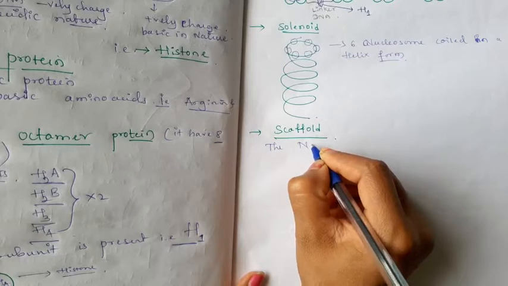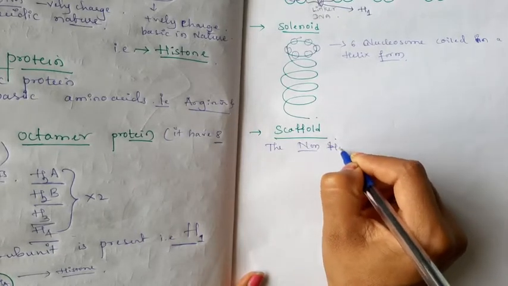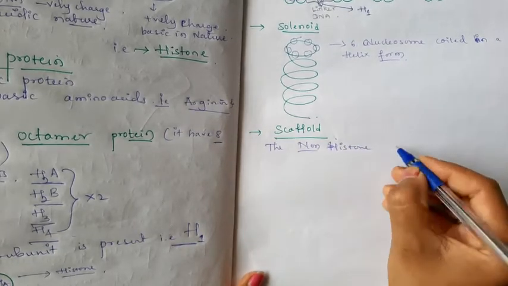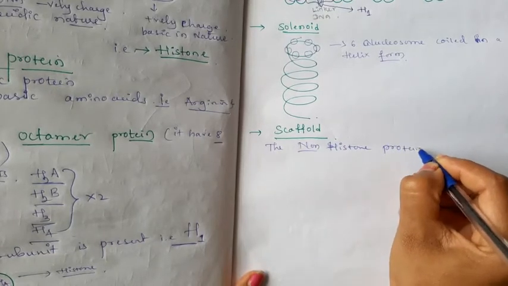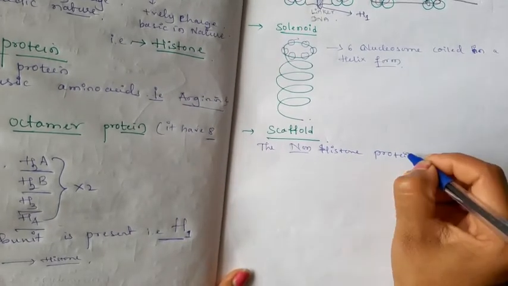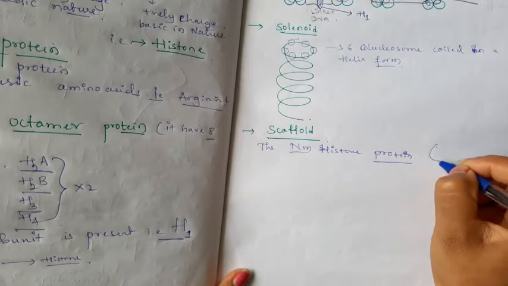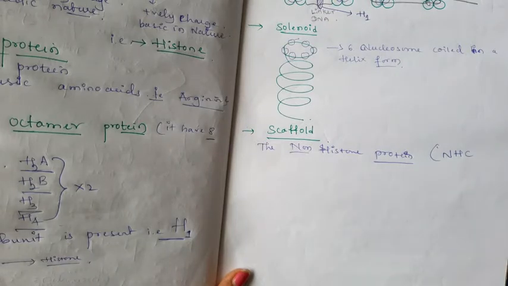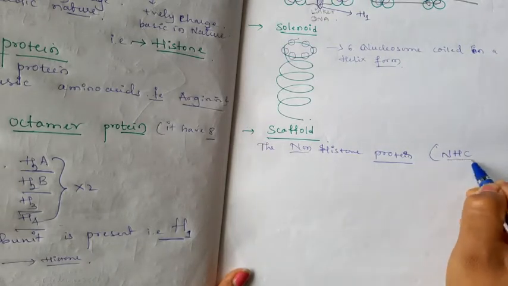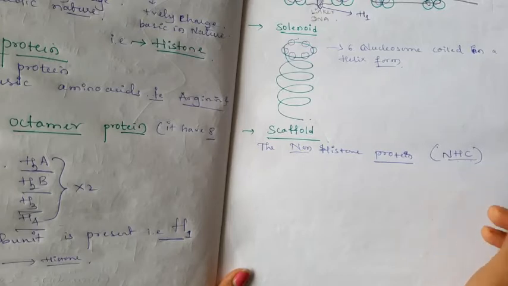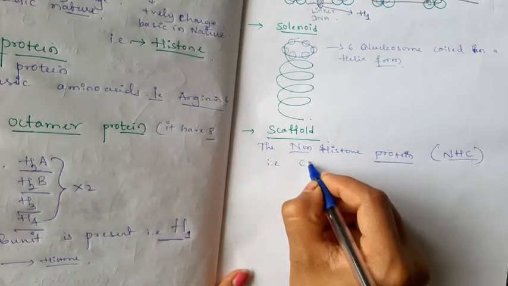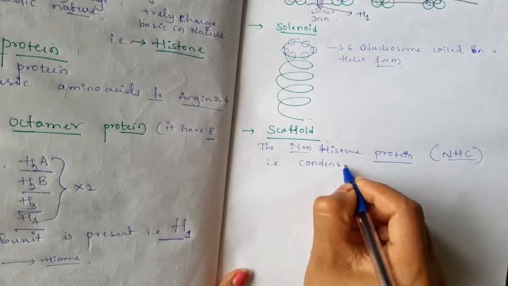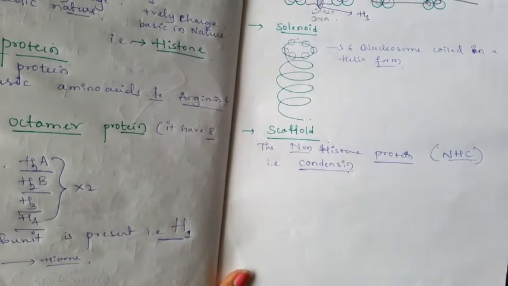The non-histone protein which helps in the packing of DNA is commonly known as non-histone chromosome protein, chromatin proteins, NHC, that is the condensin. Condensin is one of the proteins which help in DNA packing. It is a neutral protein.